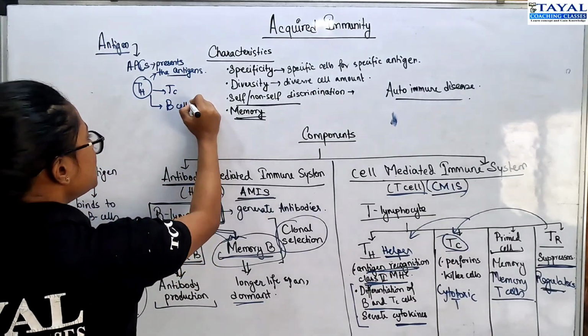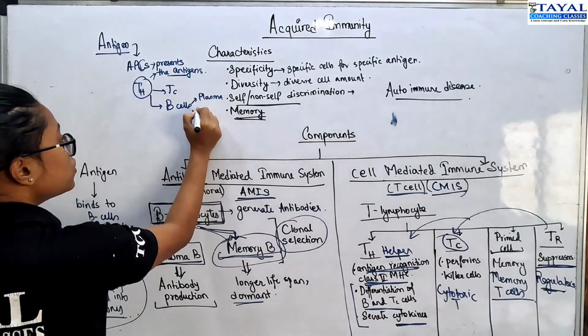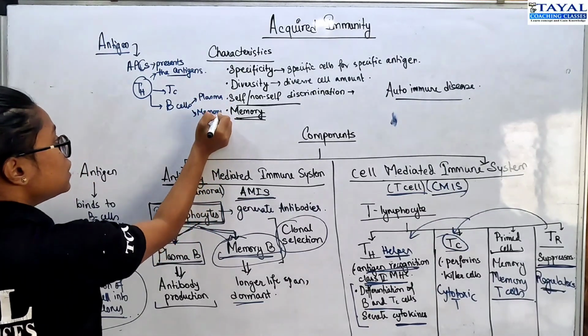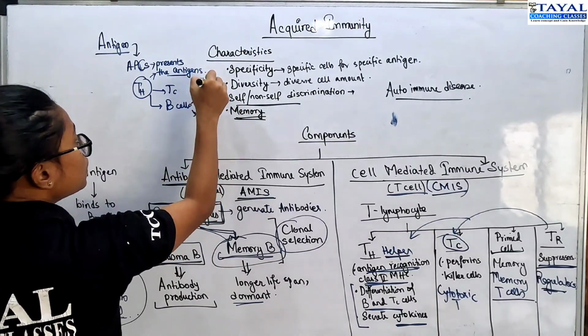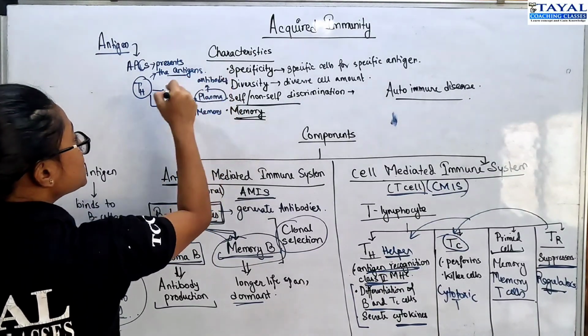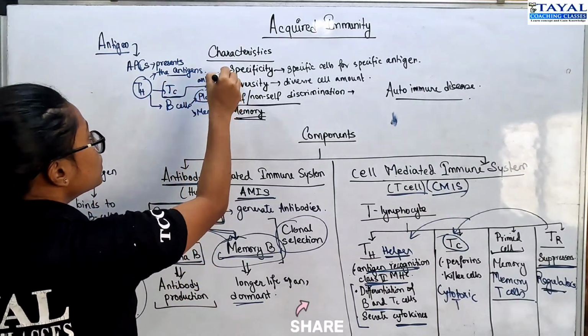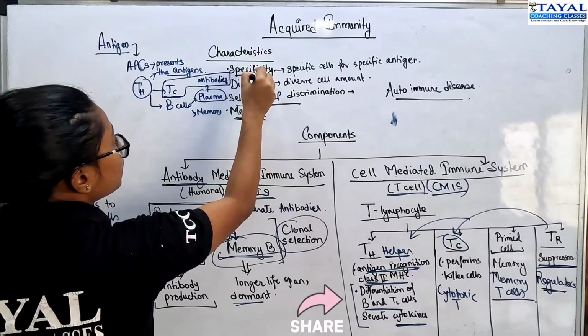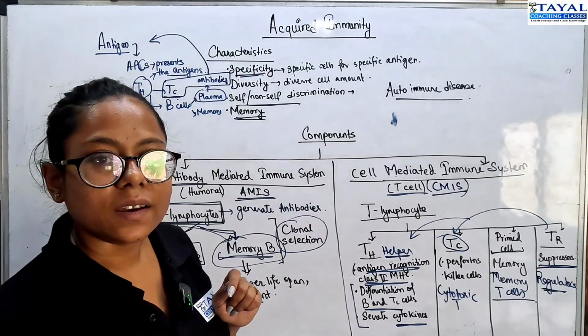Okay. These B cells form the plasma and the memory cells, and the plasma cells start secreting antibodies. Now these antibodies as well as these T cytotoxic cells are both specific against this particular antigen and will start killing the antigen.